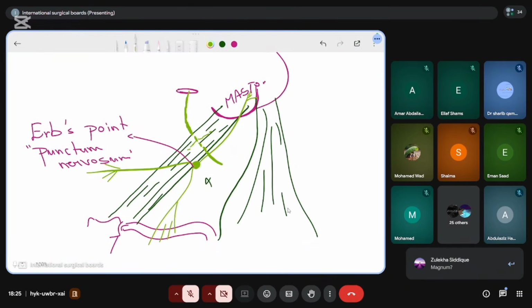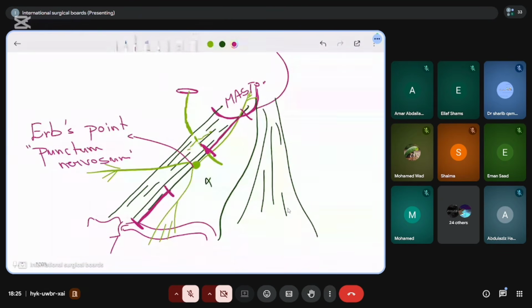nervosum, which is along the junction of upper third and middle third of sternocleidomastoid. So here, right? Suppose that's upper third, this is middle third, and this is lower third, right?